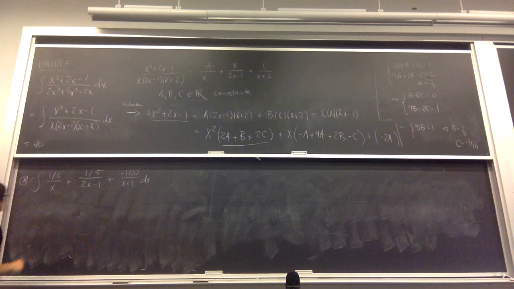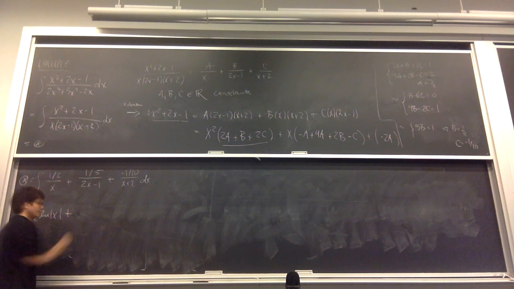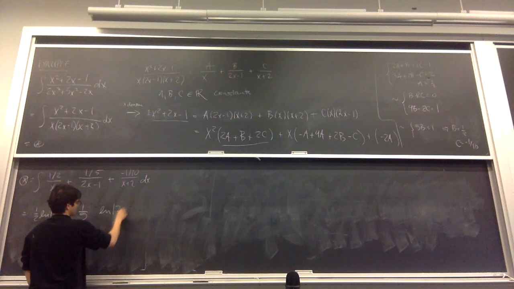And please help me integrate. What is the first thing integrate to? What is the integral of 1 over x? Ln absolute value of x. Okay. This is 1/2 ln absolute value of x plus, what about this one? 1/5 ln absolute 2x minus 1.